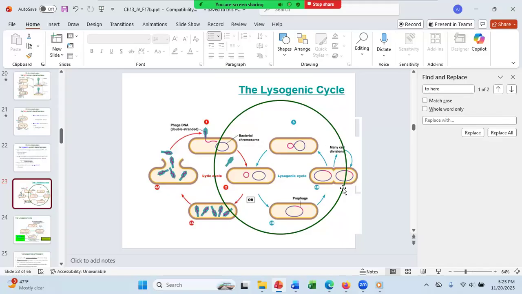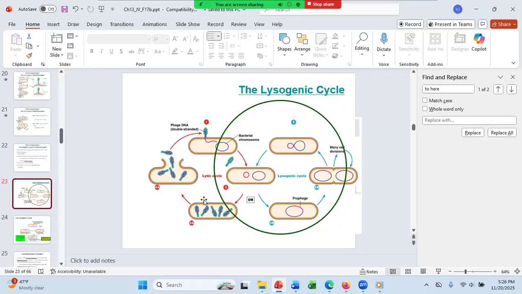Every once in a while, for reasons which are still not entirely clear to scientists, the prophage can excise itself from the host chromosome. And then when that happens, the virus switches to the lytic life cycle. So this cell now, instead of being in the lysogenic life cycle, enters the destructive lytic life cycle.